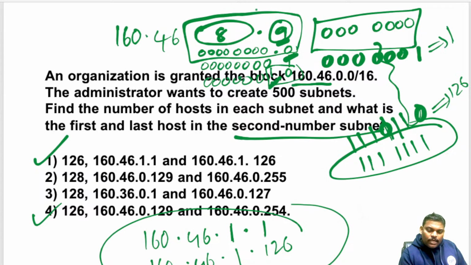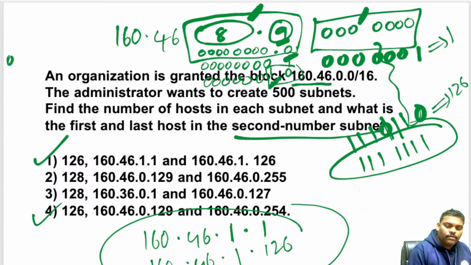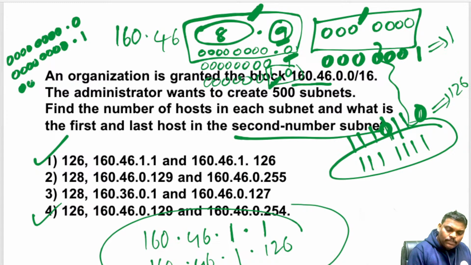These 9 bits for subnet, these 7 bits per host. So how to write the 9 bits? Subnet number 2: 8 zeros dot 0, 8 zeros dot 1, next one 7 zeros 1 dot 0.